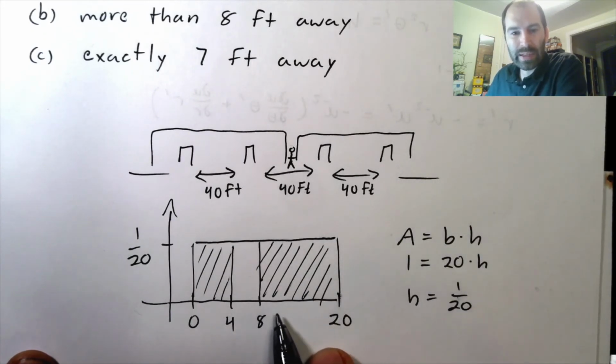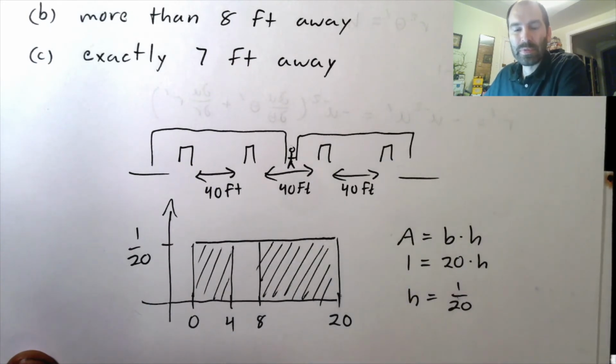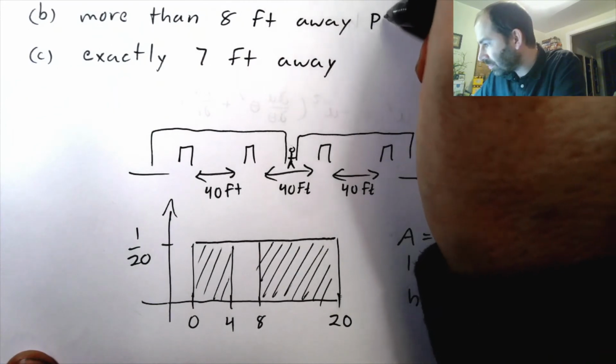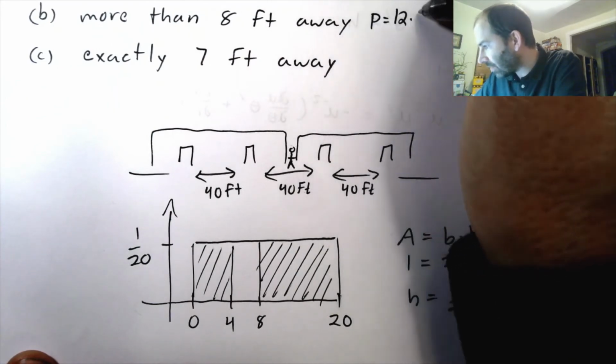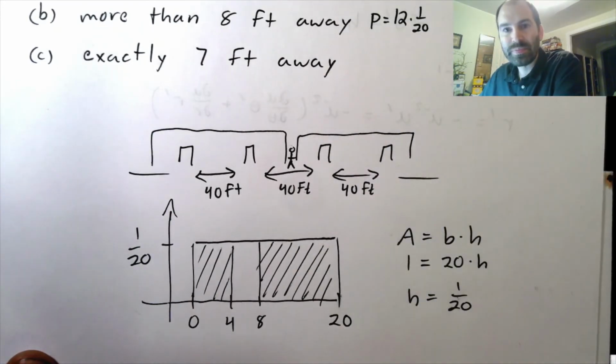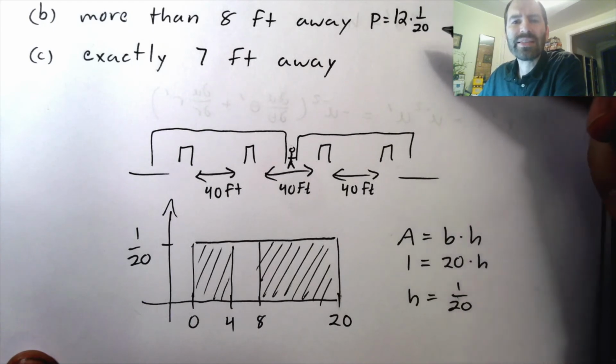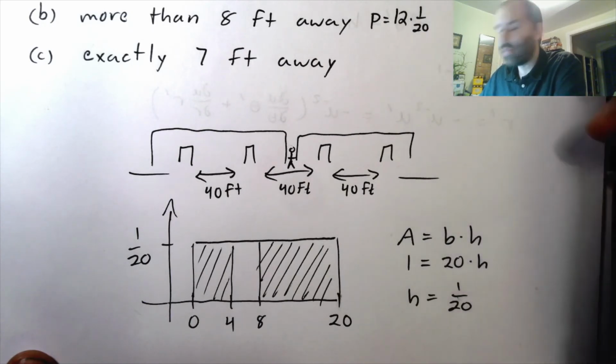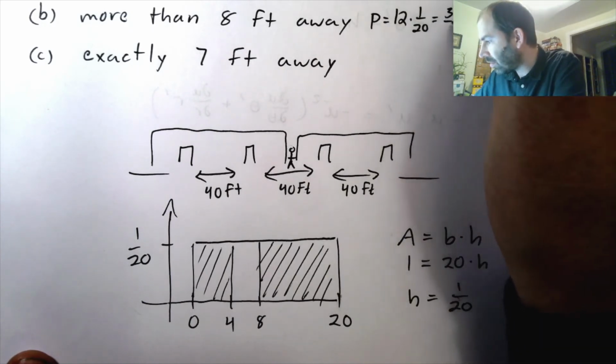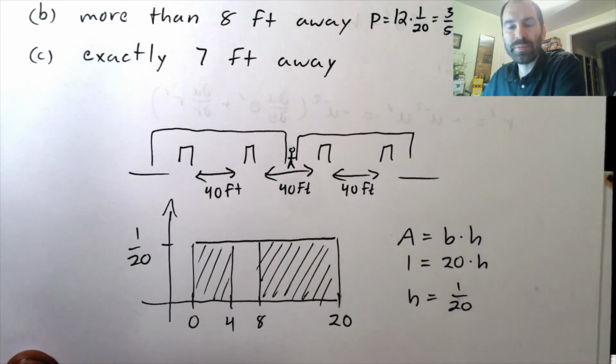So it's the base times the height. What's the base here? What's the width? It's 12. So it's 12 times 1/20. Simplify that, and it's the same thing as 6/10, which is the same thing as 3/5.